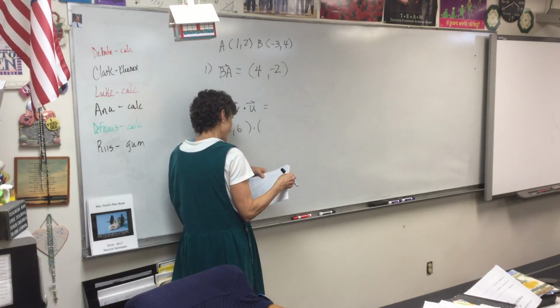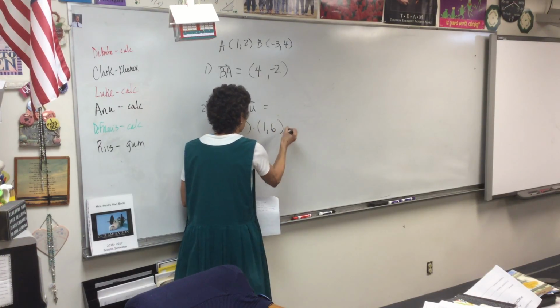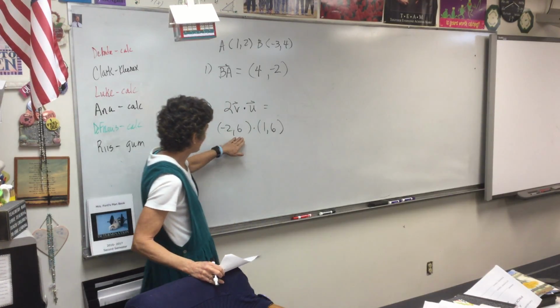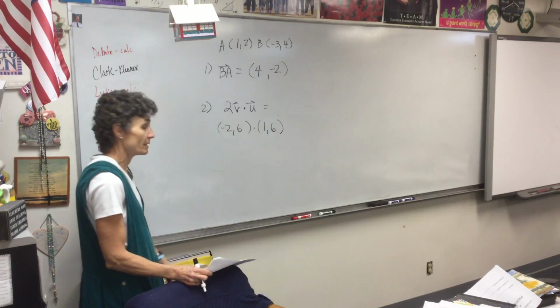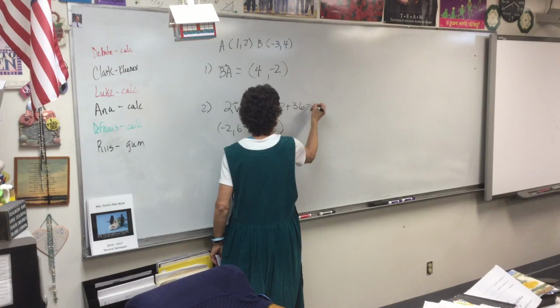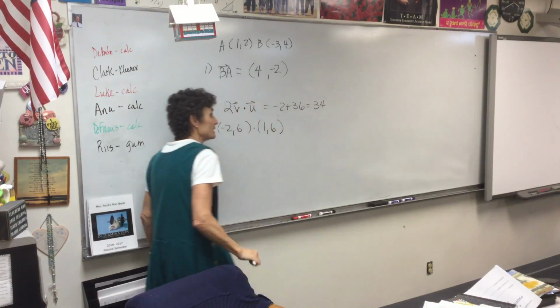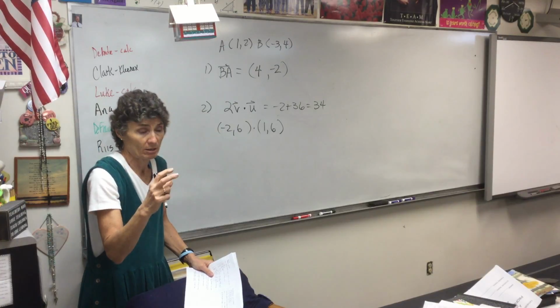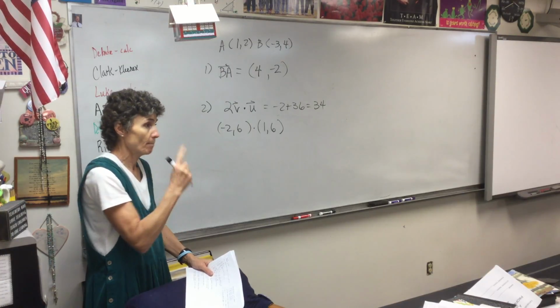And we're going to dot that with 1, 6. So what would that be? That dot product between 2V and U would be -2 plus 36, which is 34. Please remember that the dot product is just a number. It's one number.